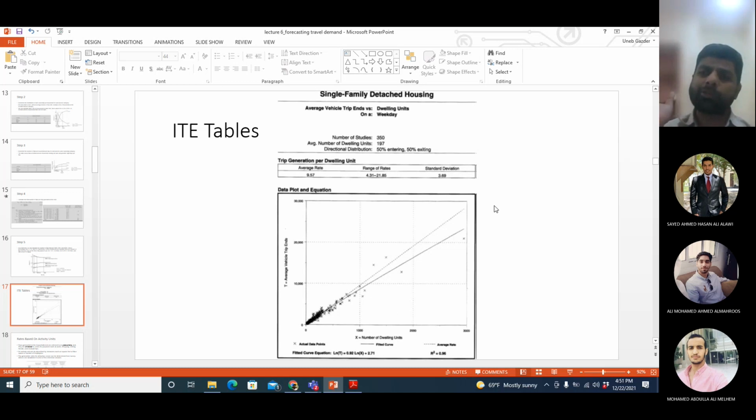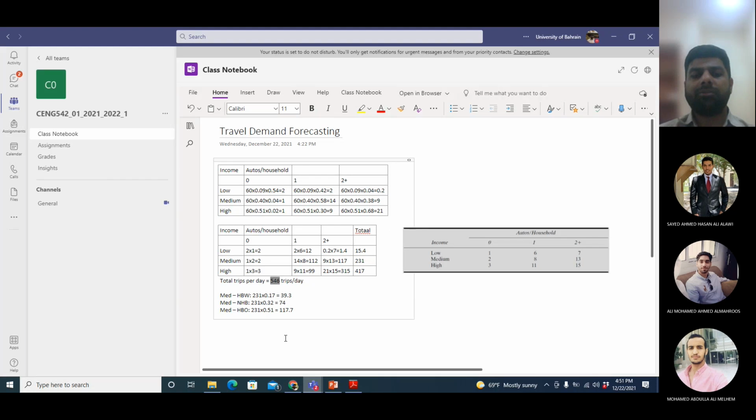You go to the latest one, find the type of area from that manual related to your study, and then find the average number of trips per household. So you found, for example, 546 trips for 60 households.